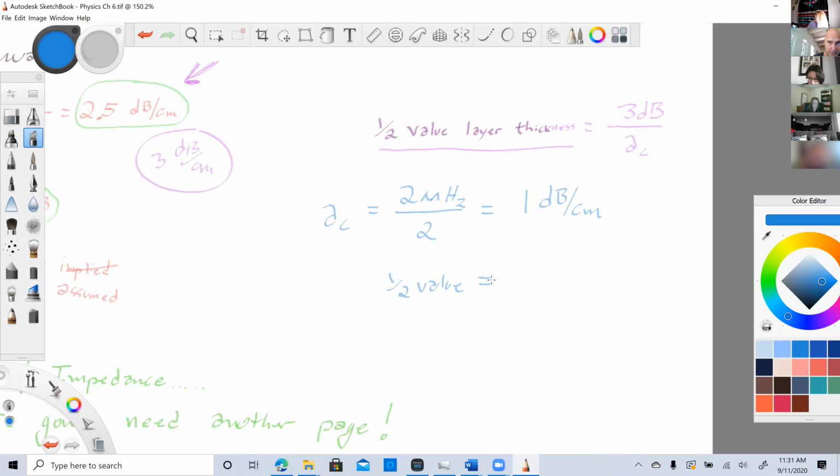That makes this easy math. 3 decibels divided by the 1 decibel per centimeter is going to equal 3 centimeters. Cross out our decibels.